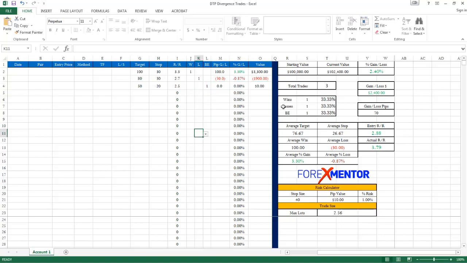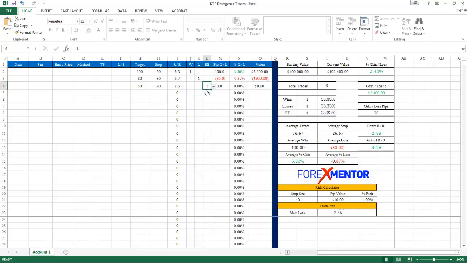Now you're going to see your wins right here, 33, losses 33, break evens 33. So what you can do is you can calculate your totals with your break evens here, or if you want to, you can scratch that break even trade. All right, so you just get your wins and losses.